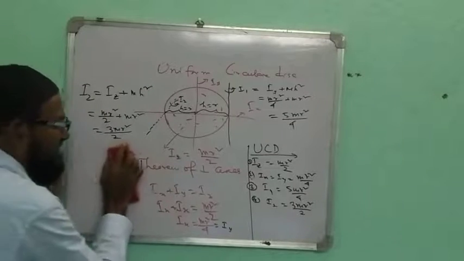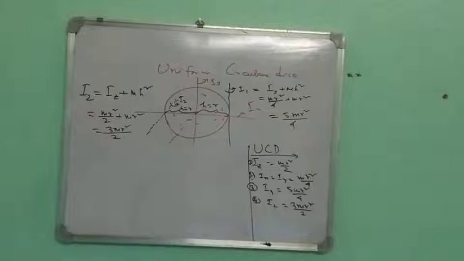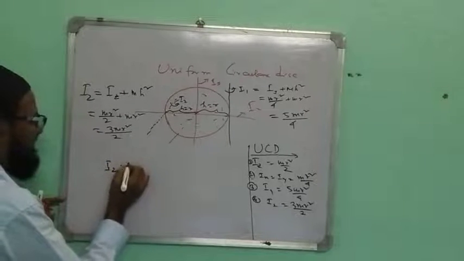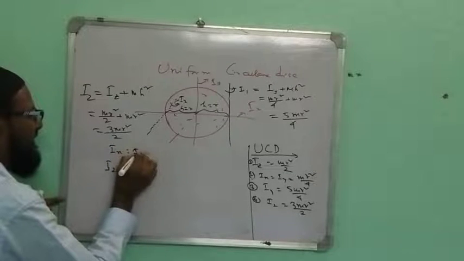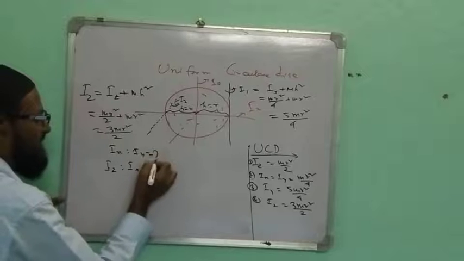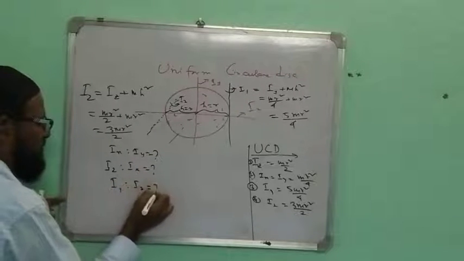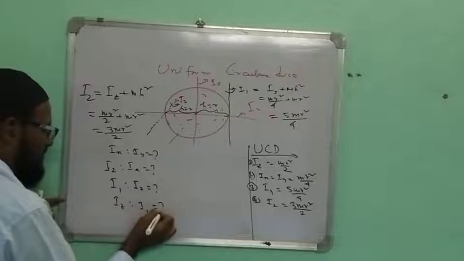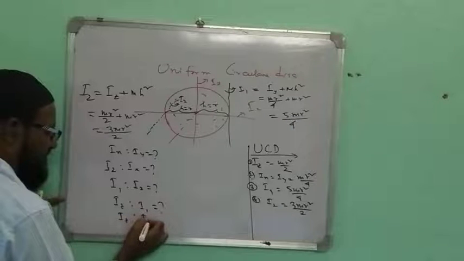And what are the questions? Same type of question. Please see here. Find the ratio Iz to Ix, Ix to Iy, I1 to I2, Iz to I1, Iz to I2.